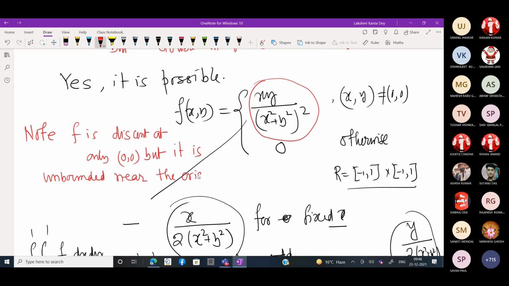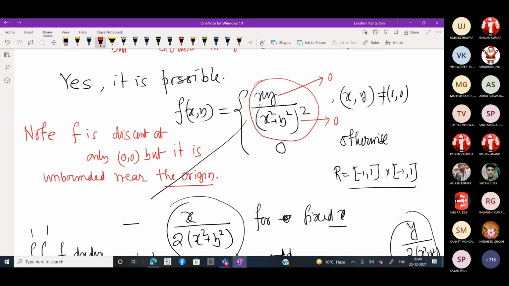Why is it unbounded near the origin? Because whenever x and y are both close to 0, the numerator goes to 0 and the denominator also goes to 0. Then x into y goes to 0, and at the same time x square plus y square, its whole square, also goes to 0.